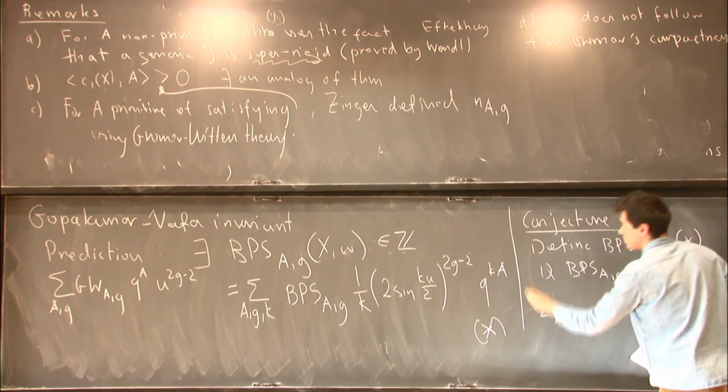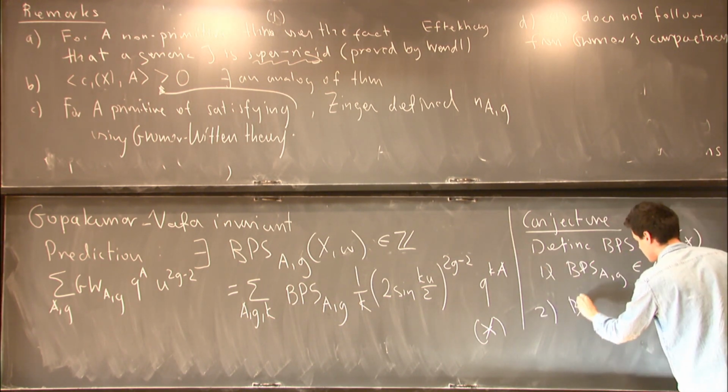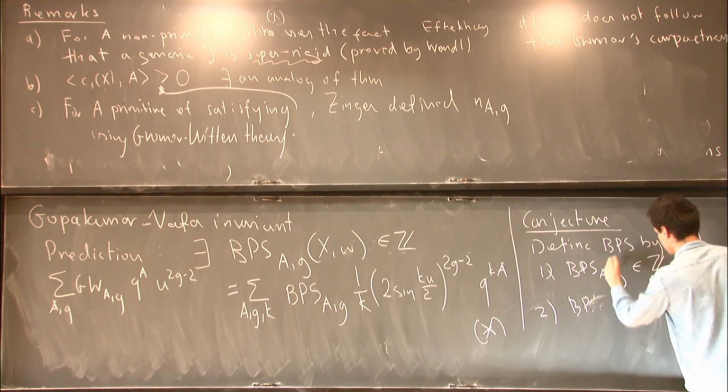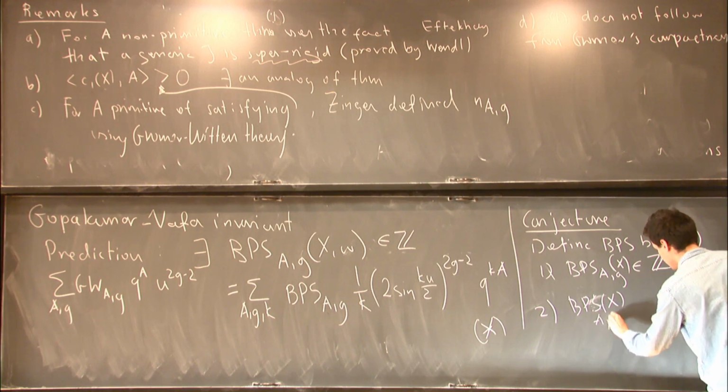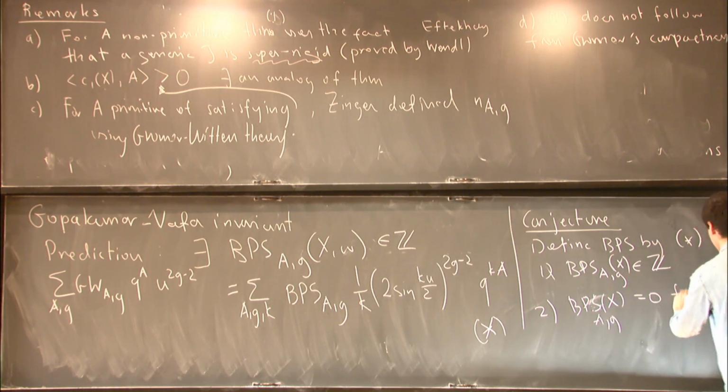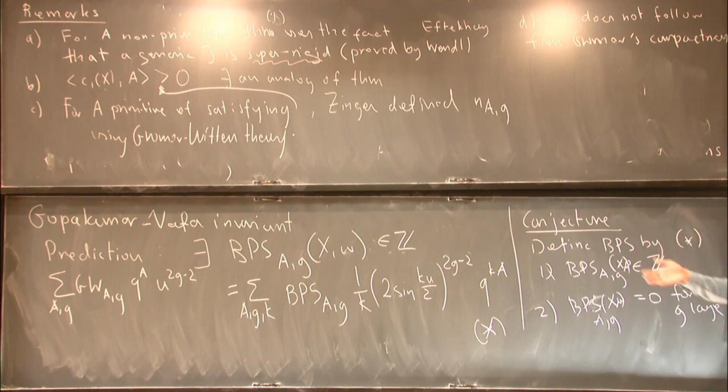And then secondly, what they also predicted is that BPS of X, A, g should be 0 for g large. Meaning that if you give me a symplectic manifold and a homology class, there is some maximal g for which these invariants tell you something, and for higher genus, they are all 0.